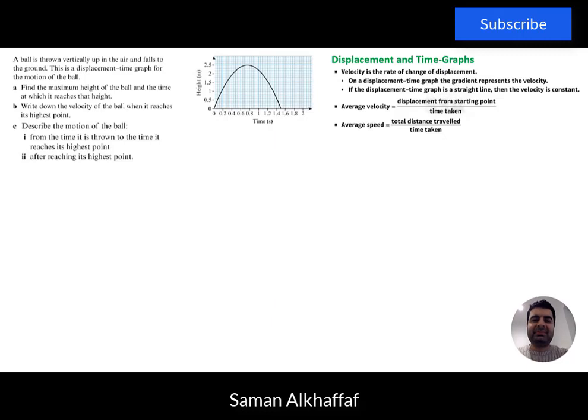So for us to find the answer, reading from the graph, you can see that the height equals 2.5 meters.